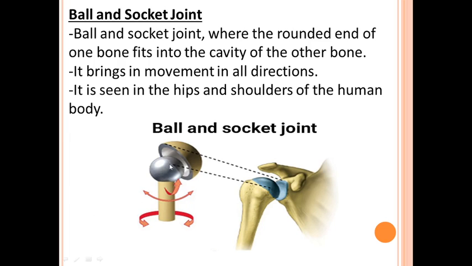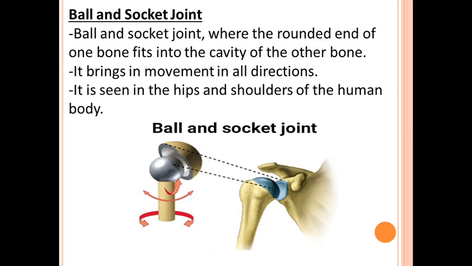Here you can see this ball and this socket, they both are joined together, and that type of joint is known as a ball and socket joint. In simple words, in the socket we are fixing the ball of different bones.